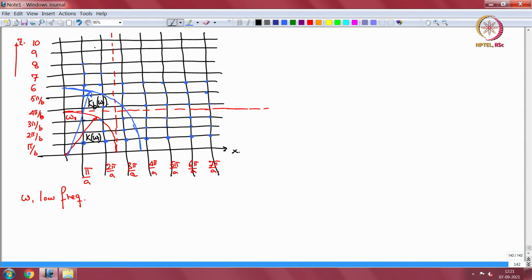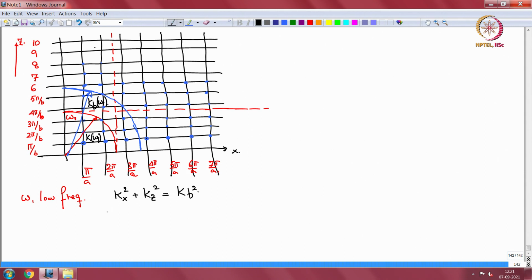Now, what did we say earlier? Earlier we said kx squared plus kz squared is equal to kb squared.